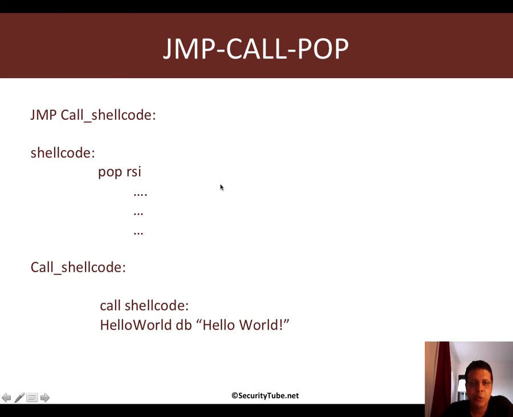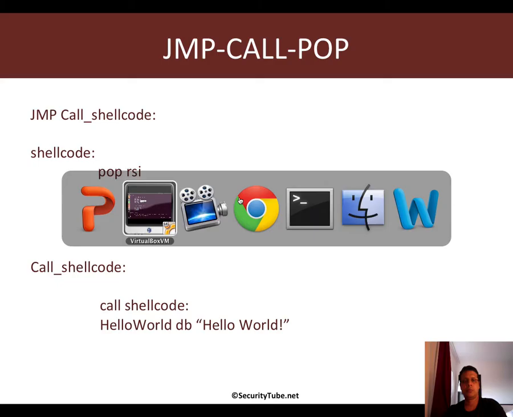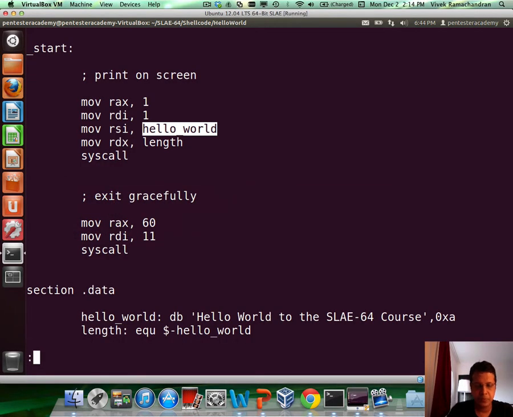So this is how we set the whole process up to dynamically figure out the address of the hello world string. The rest of the work is really going to be to remove the nulls and replace them with non-zero or non-null opcodes. So let's get to the job.